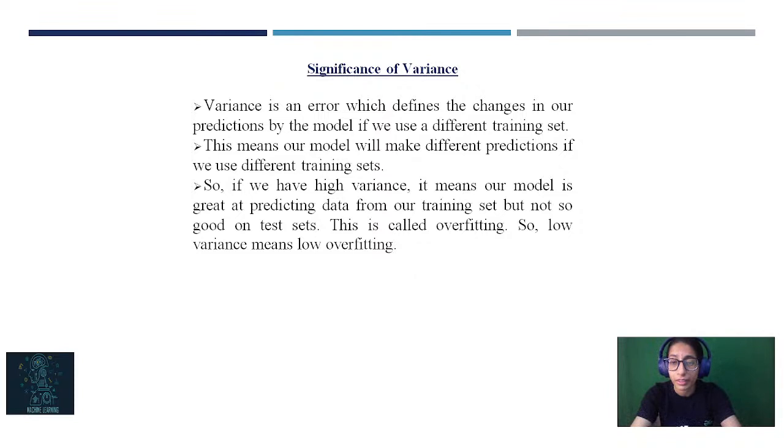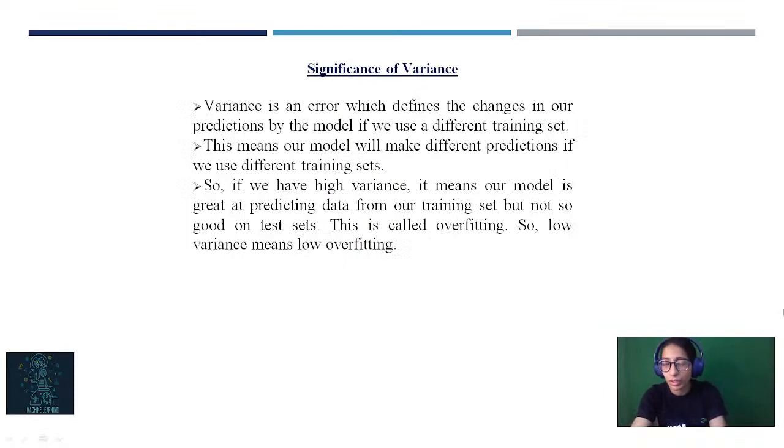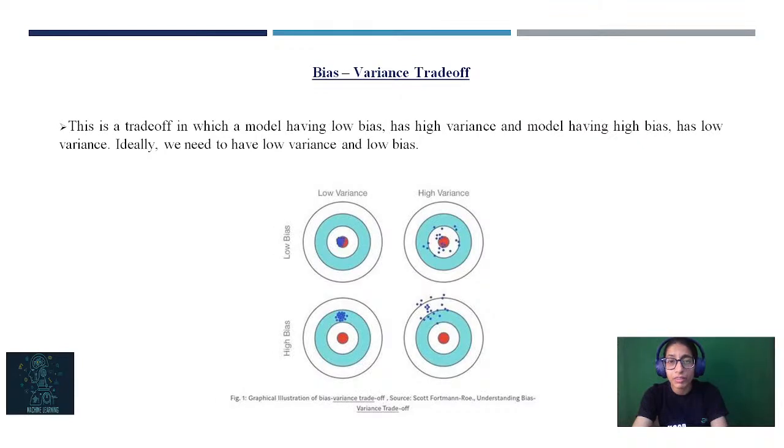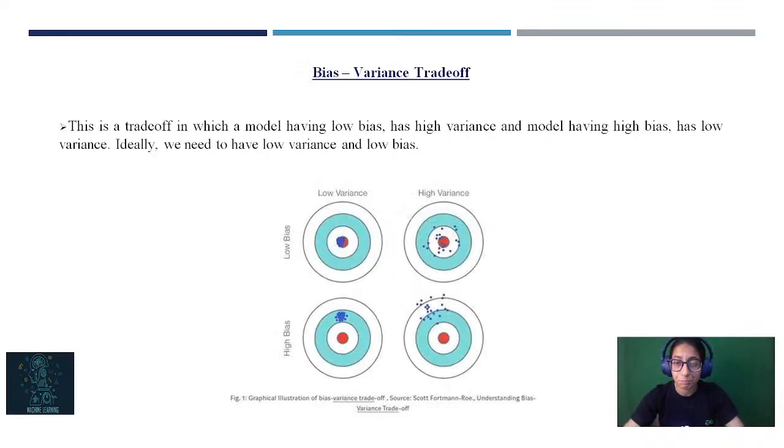That is overfitting. We read about underfitting and overfitting, and we will use these words very soon. Whenever a model is great at predicting the training data, that is overfitting.